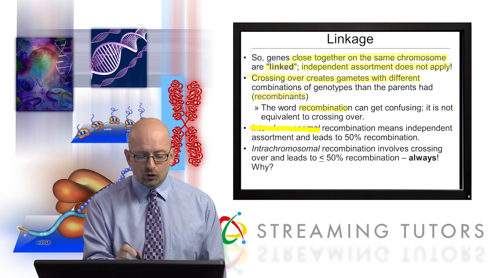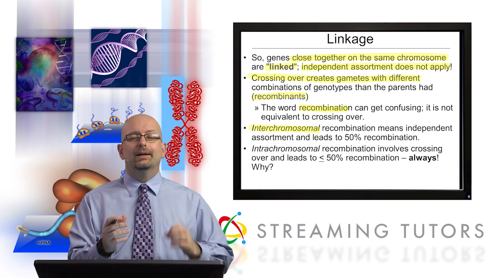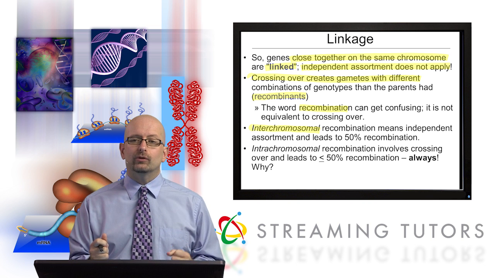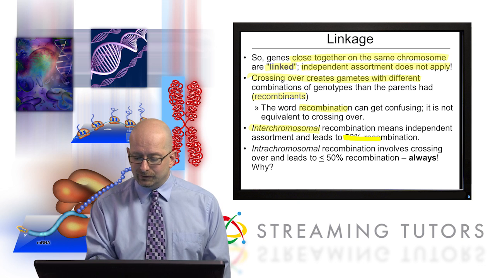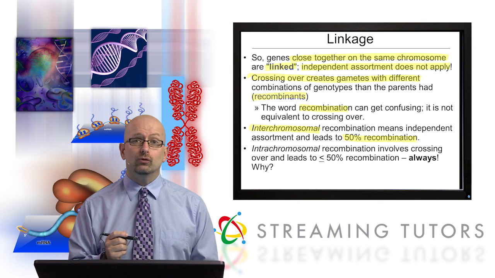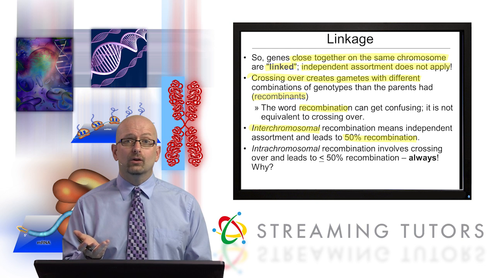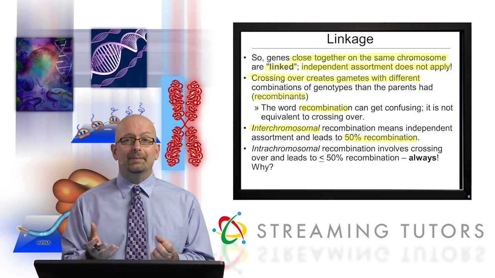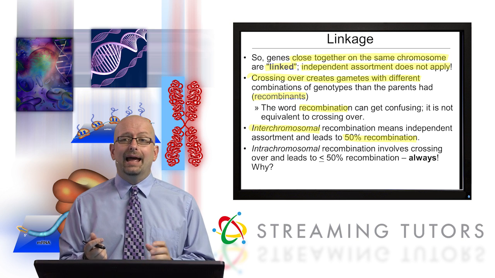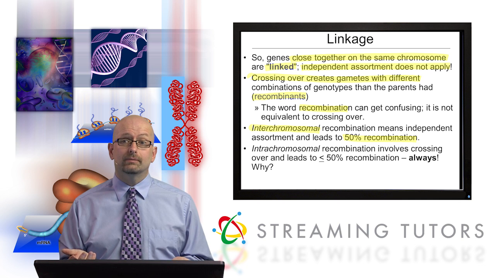Technically, interchromosomal recombination, meaning between different chromosomes, is what independent assortment is. That always leads to 50% recombination, right? You can go back and think of a regular 9:3:3:1 ratio where total independent assortment was occurring, and you would get 50% recombination if you did a test cross.